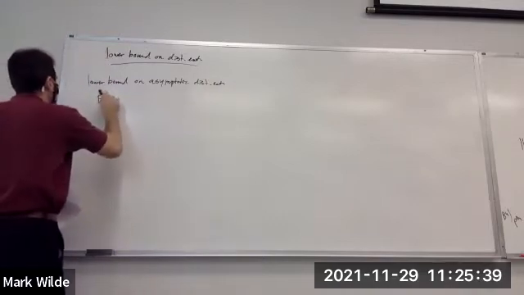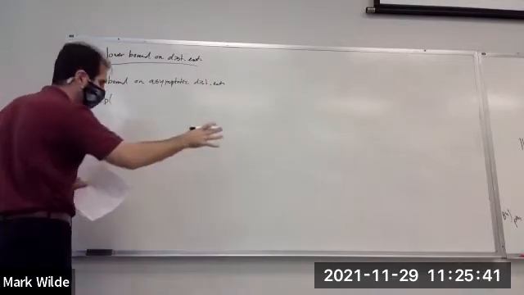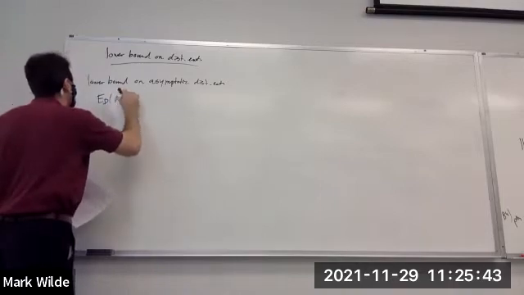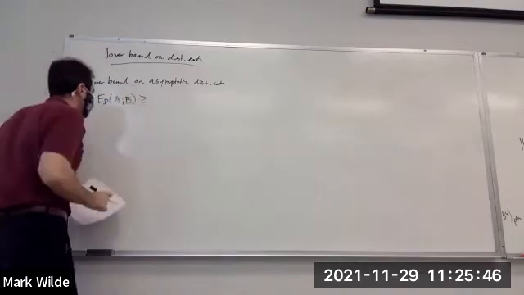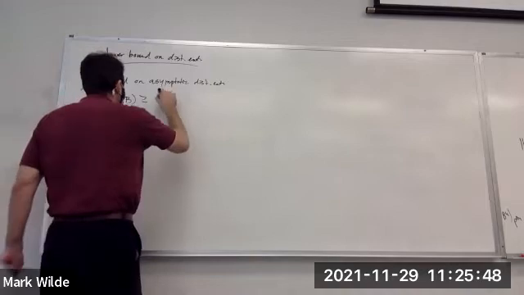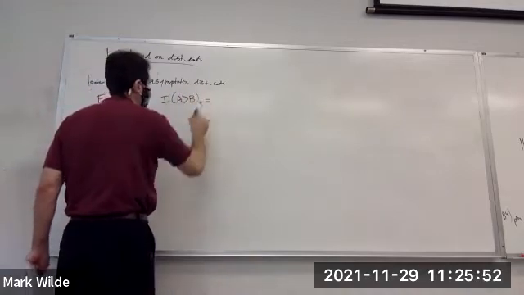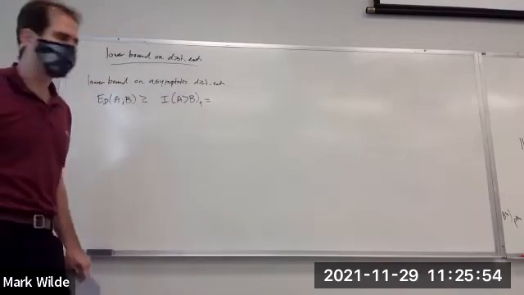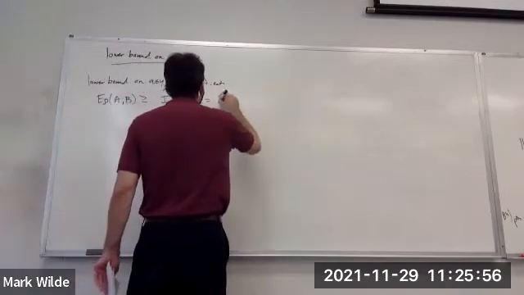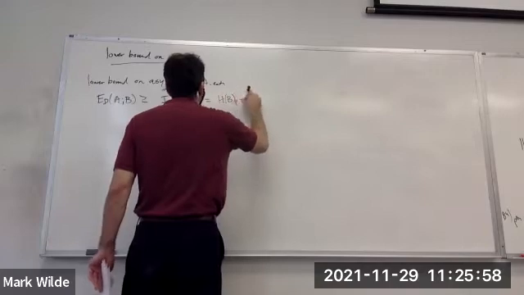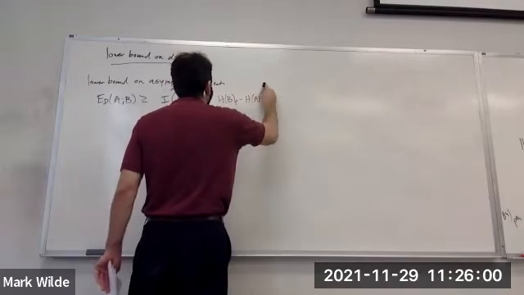The asymptotic quantity we just defined, right? And what you can show is that this is bounded from below by the coherent information. That was a quantity we learned about before. And it's the difference of the marginal entropy for Bob and the joint entropy.